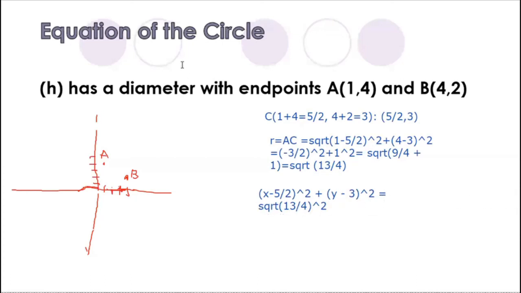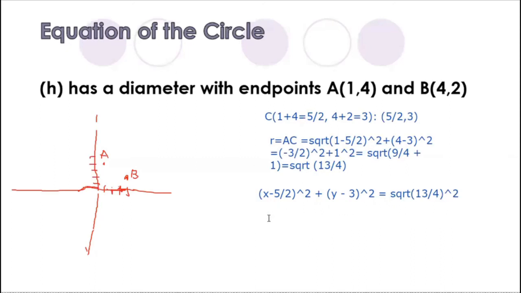Then, ayusin natin. Kasi yung square root ng 13 over 4, pag ni-square mo pa yon, matitira na lang yung radicand. Okay, yung radicand na lang matitira.